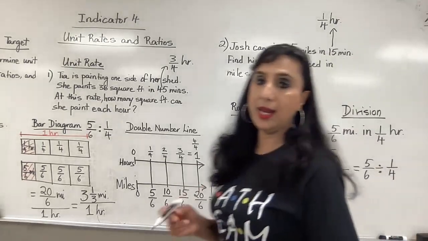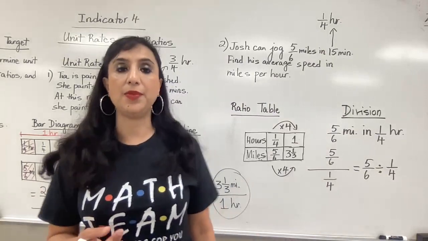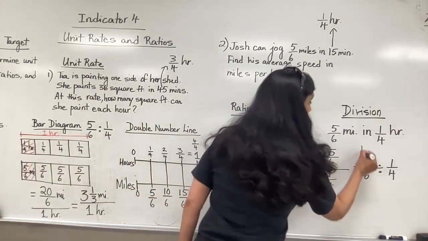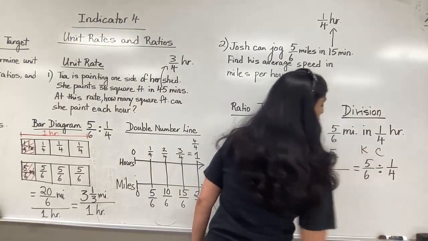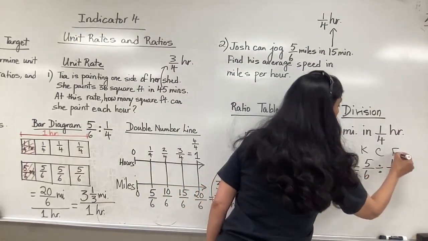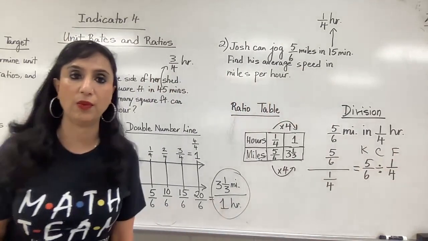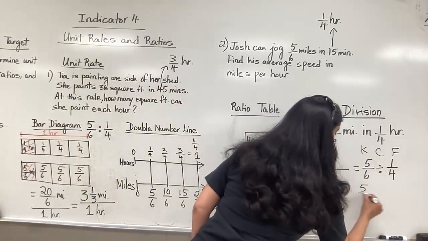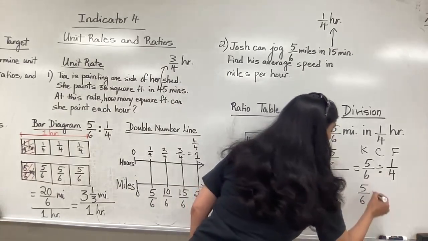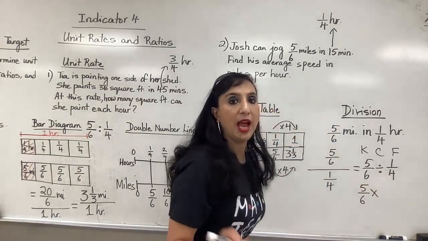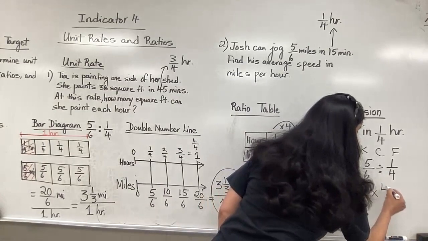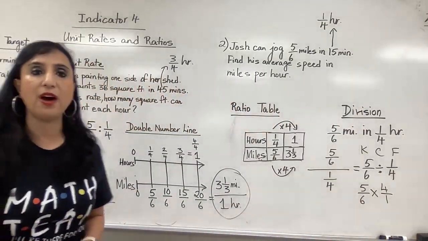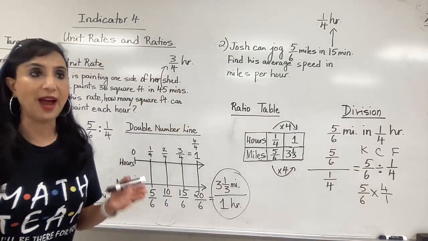Okay, and again now we are going to use the rules, and we're going to keep, change, flip. Keep, change division to multiplication, flip, or the reciprocal of 1/4 when we are dividing fractions. And so I get 5/6. Keep this, change the division to multiplication, and flip the second fraction, so 4/1. And then I am going to simplify using common factors.